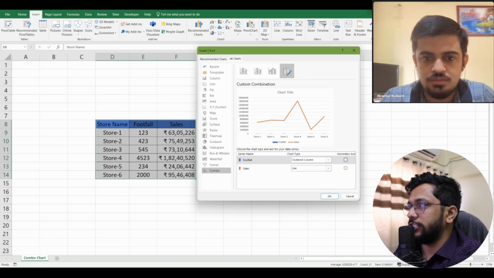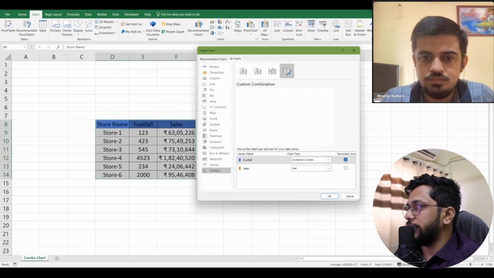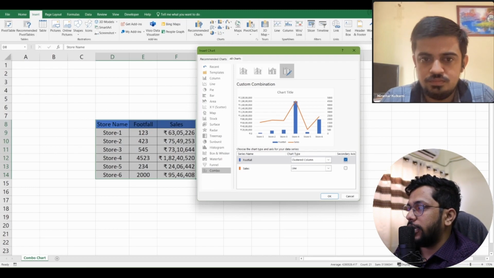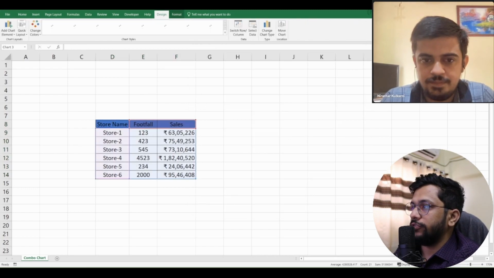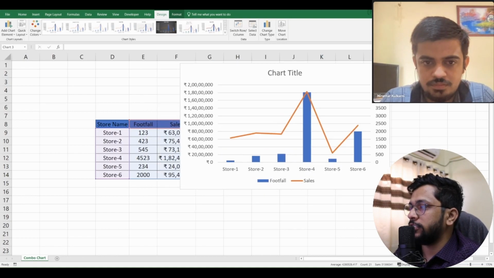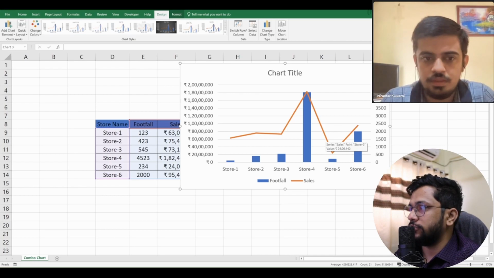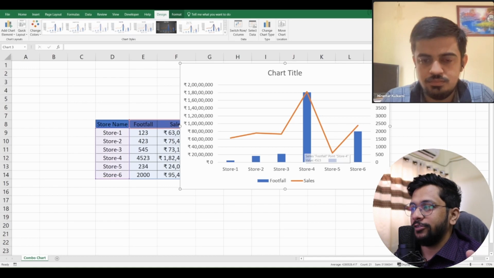If we just do it single axis, the footfall values will be kind of negligible to our eyes, right? So we click on secondary axis, and now we will be able to see a chart with bars representing sales values and the line representing the footfall. Again I switched it. The bars are footfall values and lines are sales values.